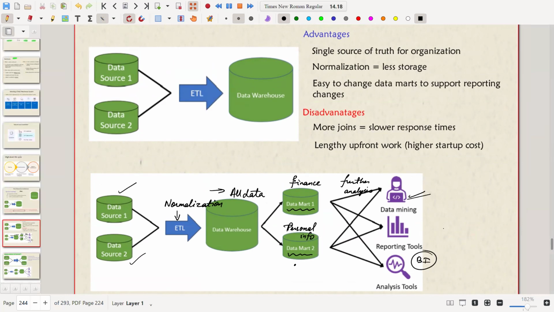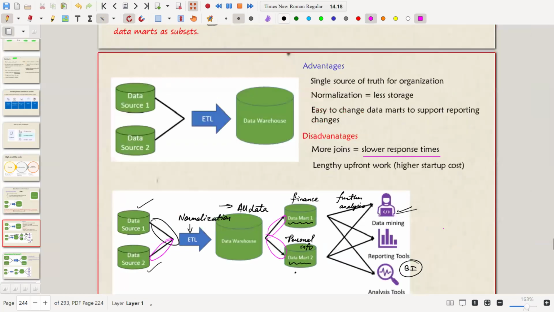It's a very complicated network. What do I mean by joints? These are the joints you are seeing here. It has a lot of joints. If it has more joints, it will have slower reporting times. The computational time will be higher, isn't it? So you can see slower response times. And of course, there is lengthy upfront work: you have to collect data from different sources, and after that you have to segregate them.